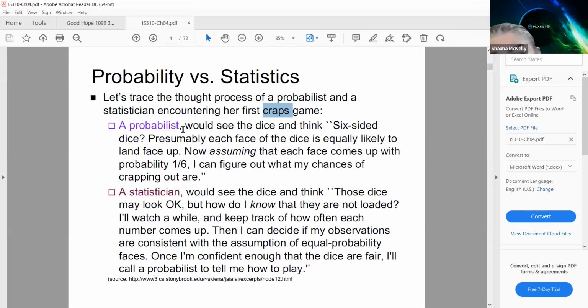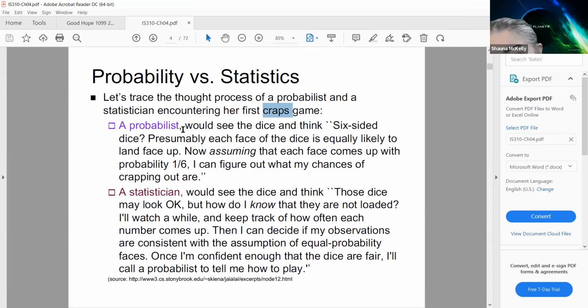A statistician would see the dice and think, those dice may look okay, but how do I know they're not loaded? I'll watch a while and keep track of how often each number comes up. And then I can decide if my observations are consistent with whether the dice are fair or not.